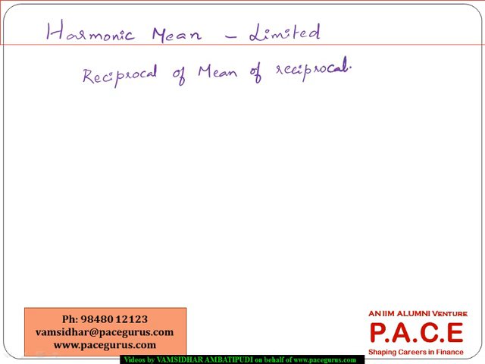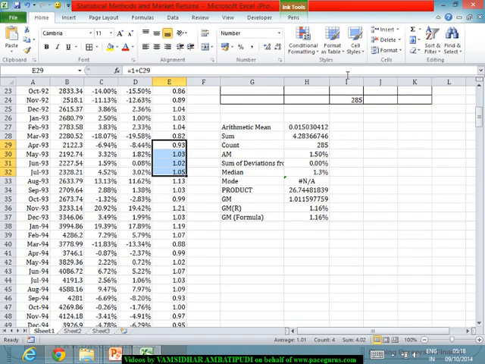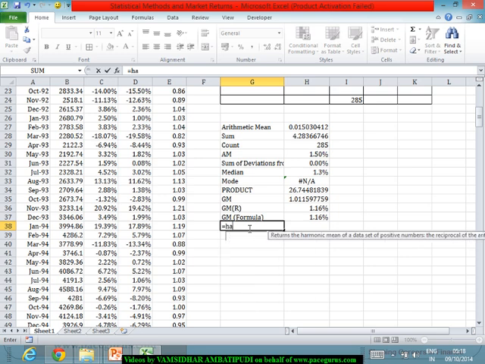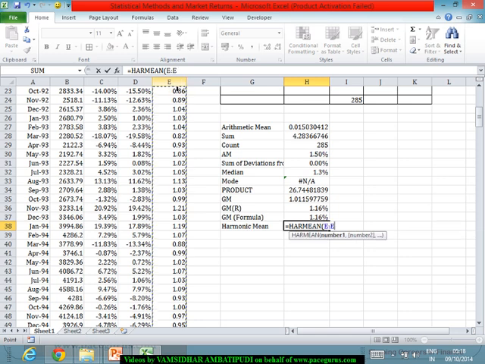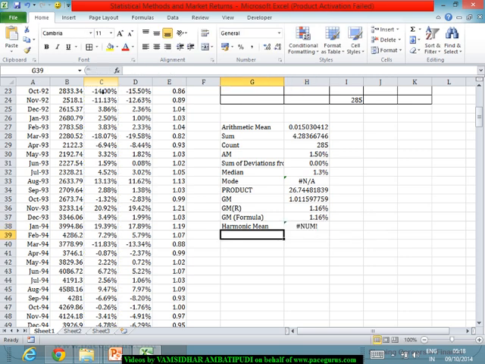So first let me compute it. If I look at the harmonic mean, I am directly using the formula first.